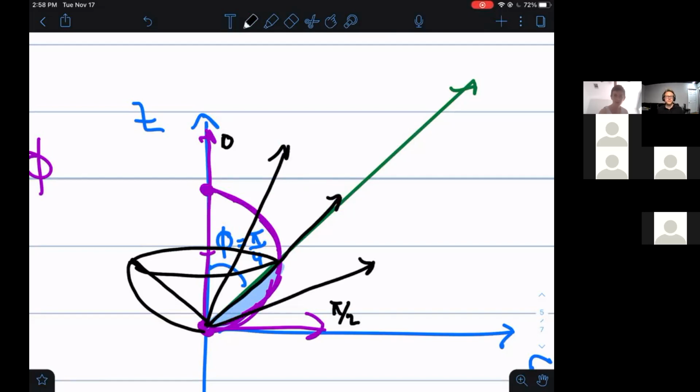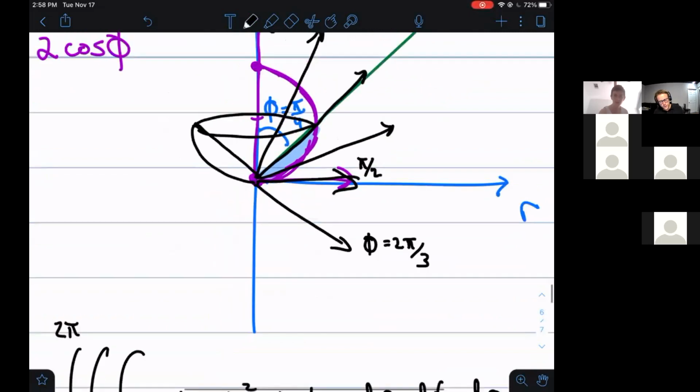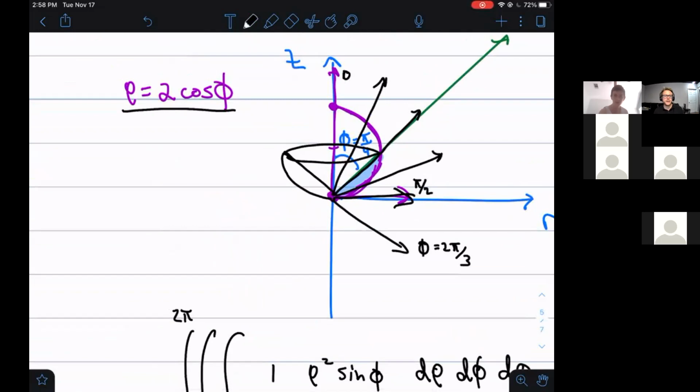How do you know to stop there instead of continuing on? If you were to continue on any further after pi over 2, for instance phi equals 2 pi over 3, notice that when you plug this in here, you would get rho equal to 2 times cosine of 2 pi over 3, which would be negative a half. So this would end up giving you rho as a negative thing.